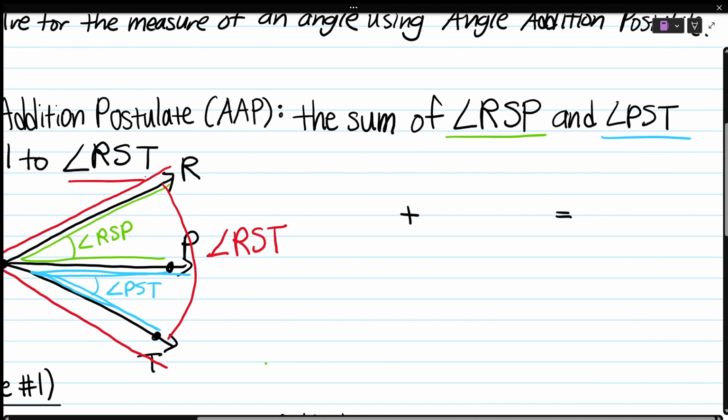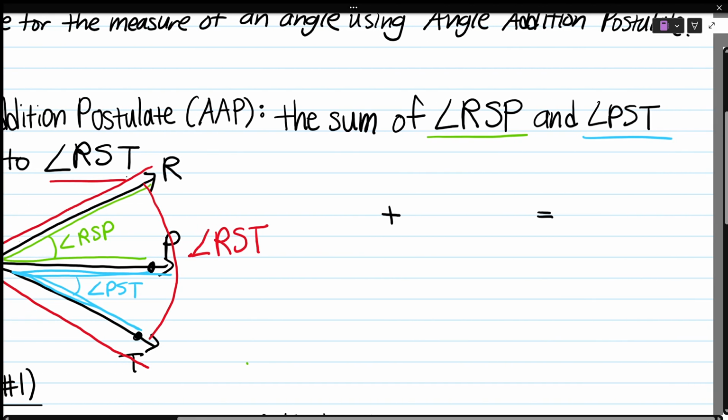Right? So when you set up this equation, it's essentially, okay, this angle, RSP, plus the other angle, PST, equals the entire angle at RST. Okay? That's how this works.